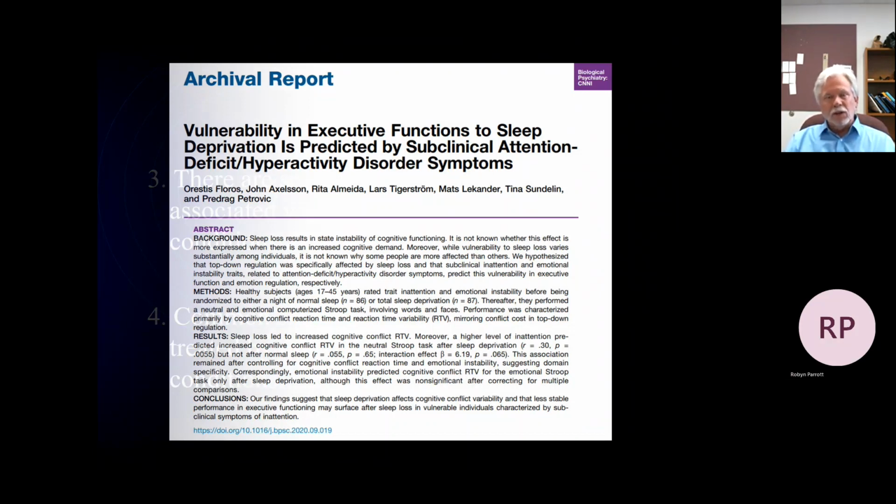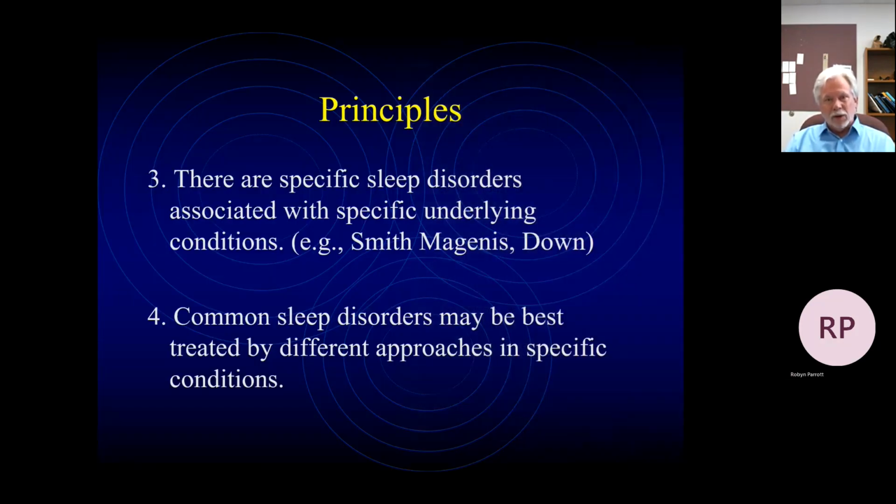Third principle is that there are specific sleep disorders associated with specific underlying conditions, in some cases, not all. So for example, in Smith-Magenis syndrome, there is a profound circadian shift, where they tend to be awake at night and sleep during the day.